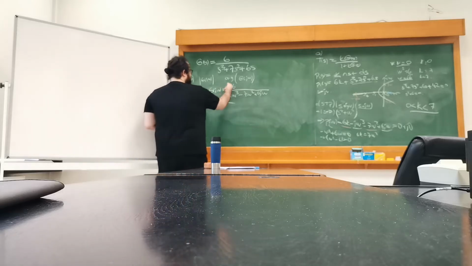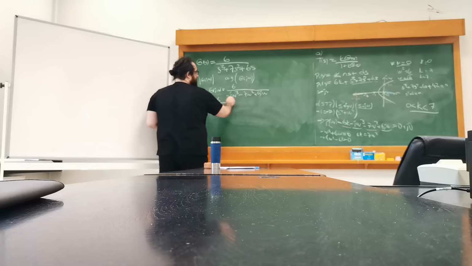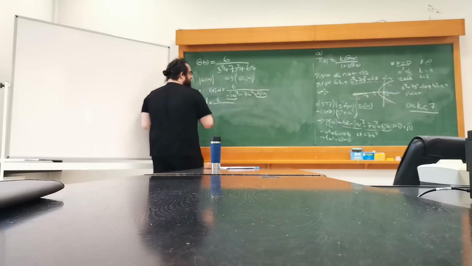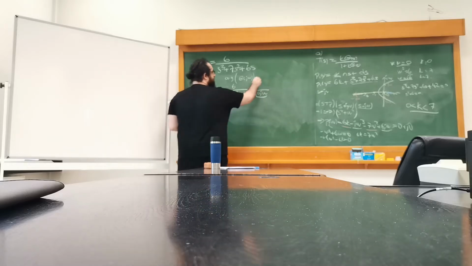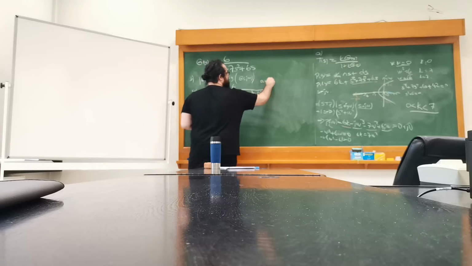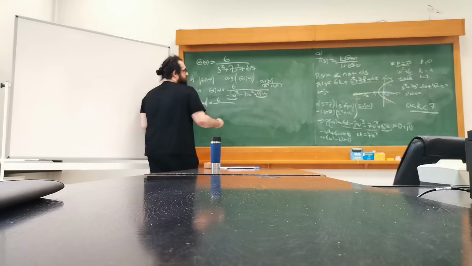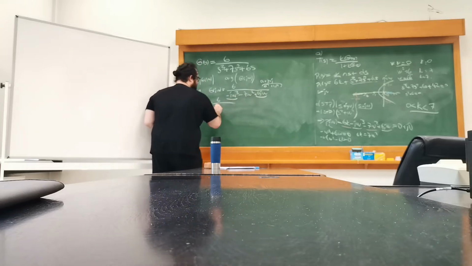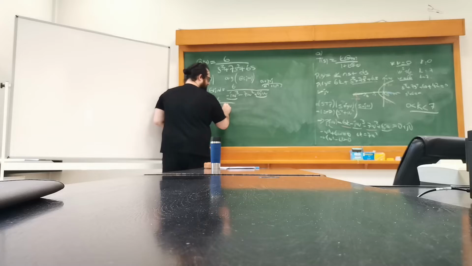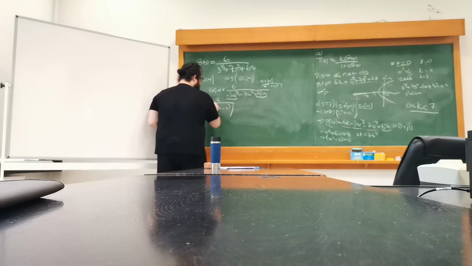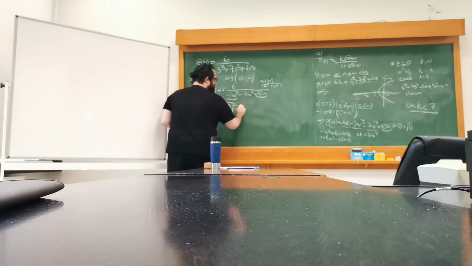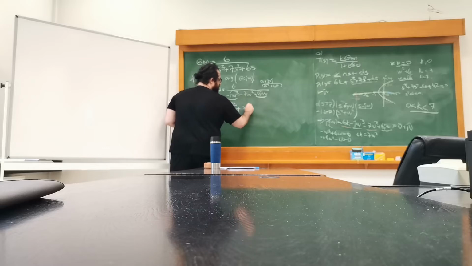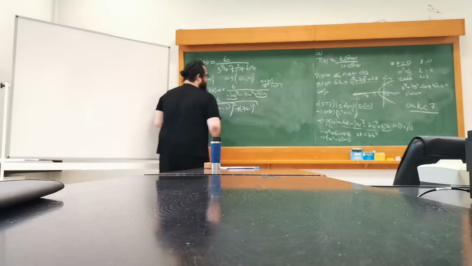I can therefore take 6 on its own, but we have imaginary and real parts. If I have a plus bj, the square root of a squared plus b squared will be my magnitude. Therefore, I can use this part here: 6 omega minus omega cubed, squared, plus 7 omega squared, and the square root of that.